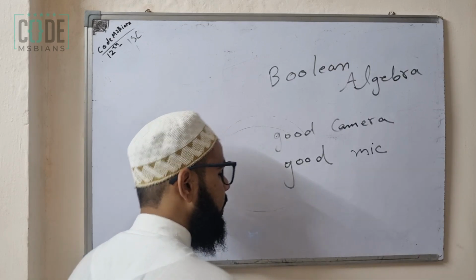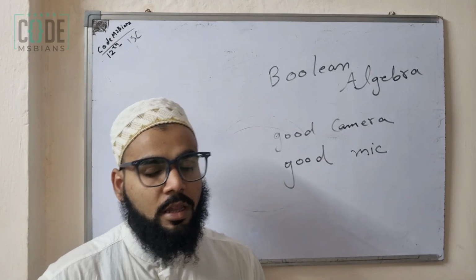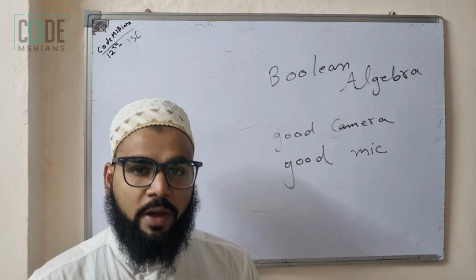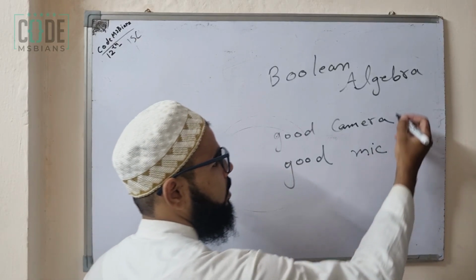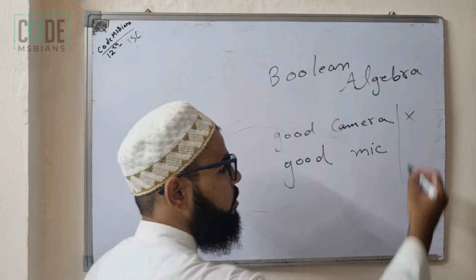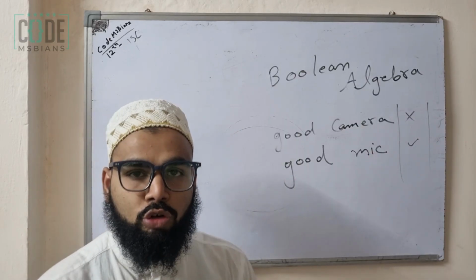Camera and mic should be the best. Other features are okay, but you want the best. Now, if you find a phone where the camera is not that good, but the mic is good, in this case, you will not purchase. You want both to be perfect.